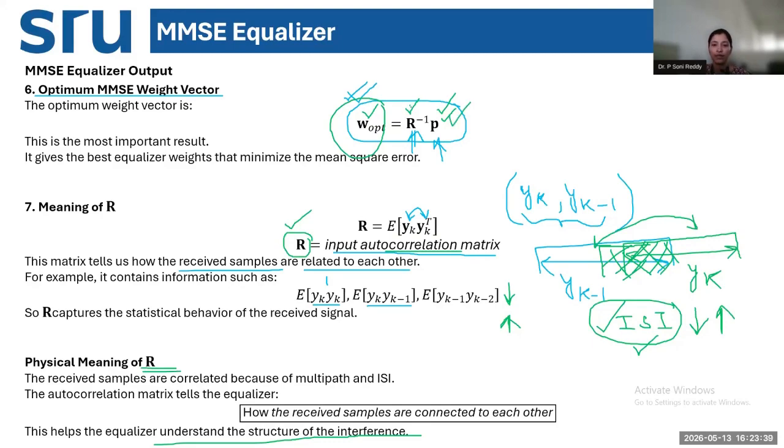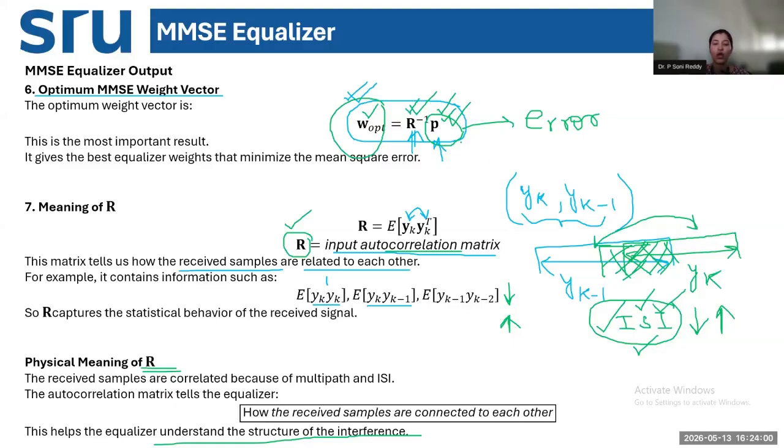So capital R is a measure of ISI. Small p is a measure of the error, or the difference between the transmitted and the received signal. Clear? So if I am using capital R, I am trying to overcome the effect of ISI.